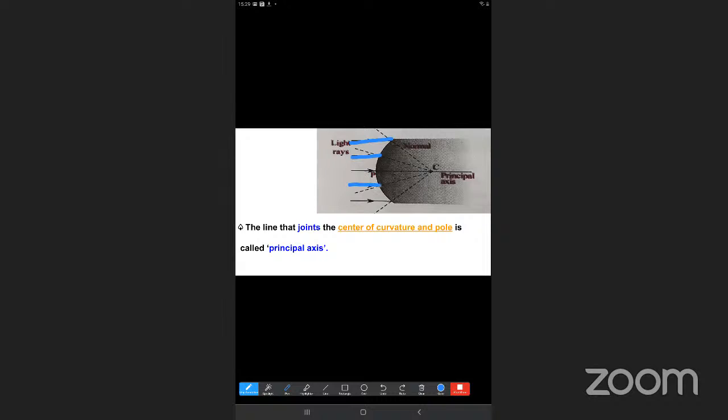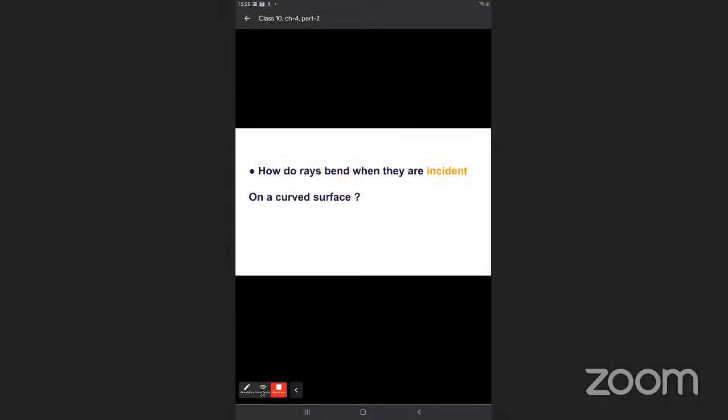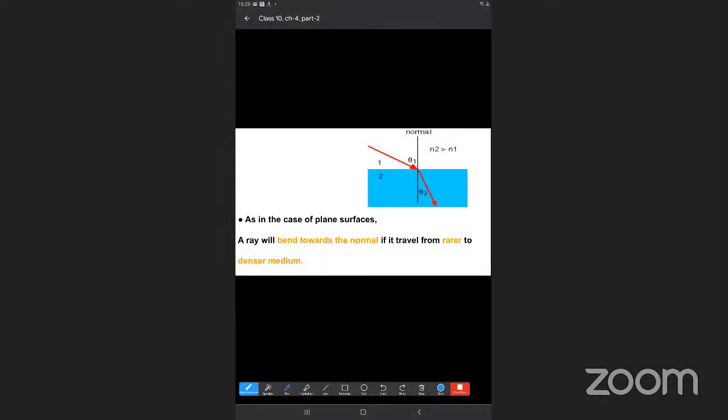So these are the incident rays, and after refraction, these rays will bend. A ray bends away from the normal when it travels from denser medium to rarer medium. You can see here.